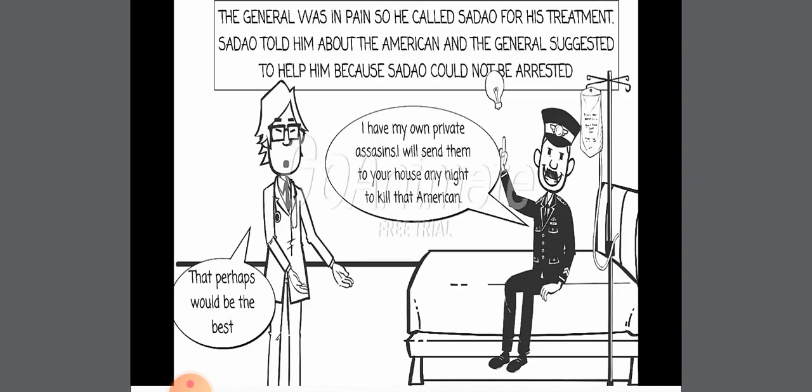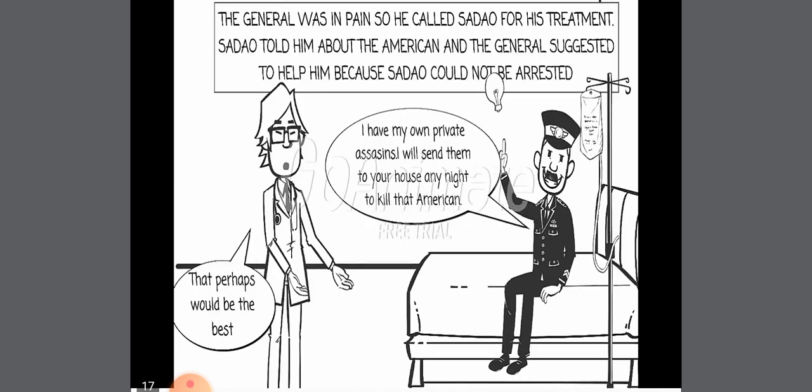What will happen if the general comes to know that he had sheltered one American soldier and was treating him well? Suddenly the general became ill and needed the treatment of Dr. Sadao. He called for Dr. Sadao, and after going there, Dr. Sadao told everything, that one American soldier was at his home and he was taking care of him.